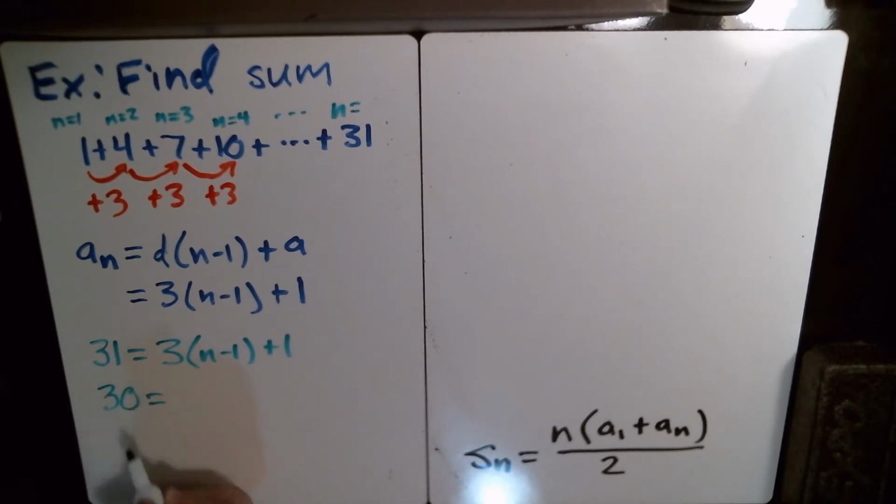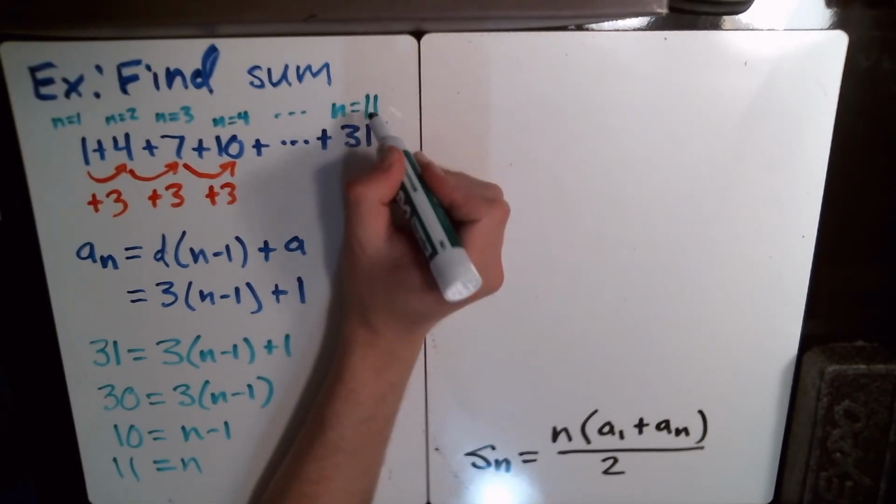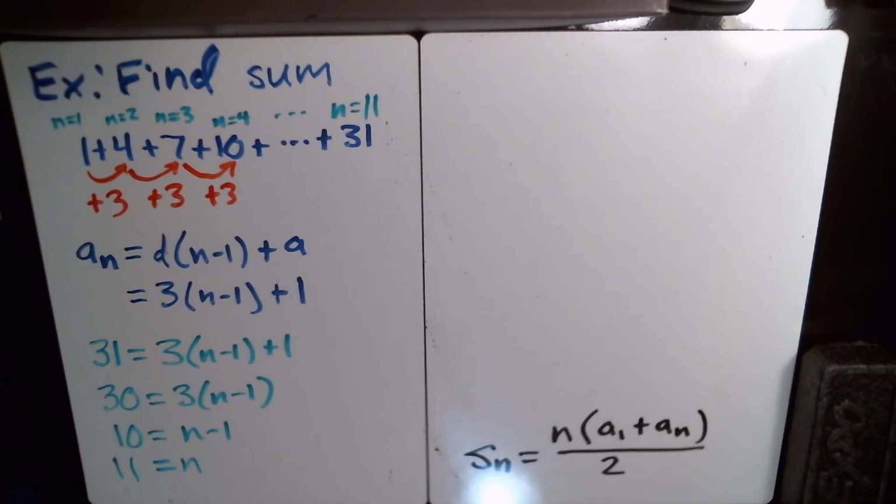We get 30 equals 3 times n minus 1. There you could either distribute or divide. I think I'll just divide both sides by 3. So you get 10 is n minus 1, and then I'll add 1 to both sides. So we get n is 11. So this term, our very last one, happens at n equals 11.